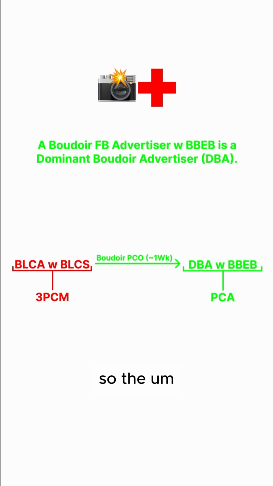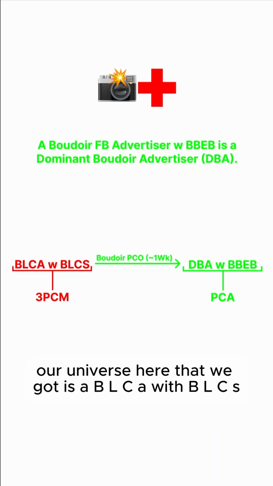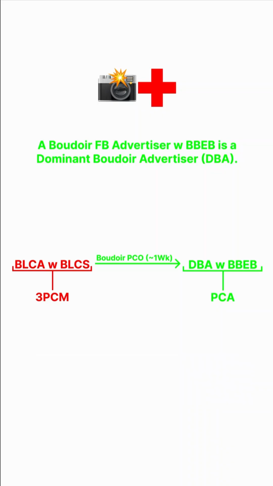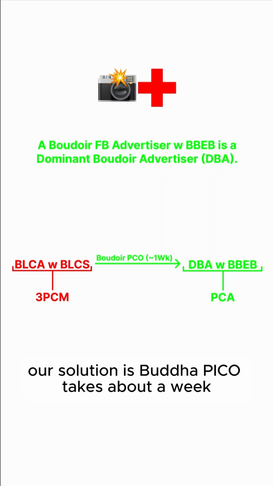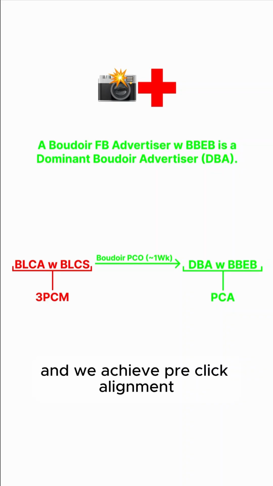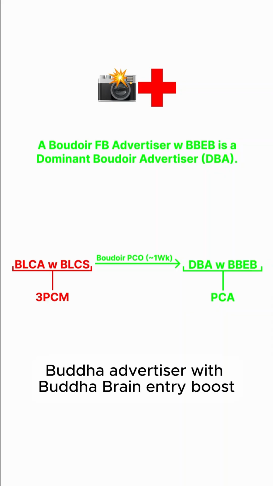So our universe here is a BLCA with BLCS. It's caused by the 3 pre-click mistakes. Our solution is Boudoir Pico, takes about a week, and we achieve pre-click alignment, and we become a DBA, dominant Boudoir advertiser with Boudoir brain entry boost.